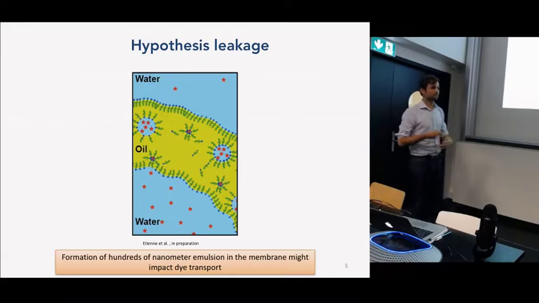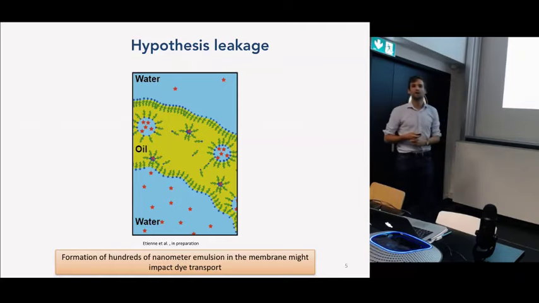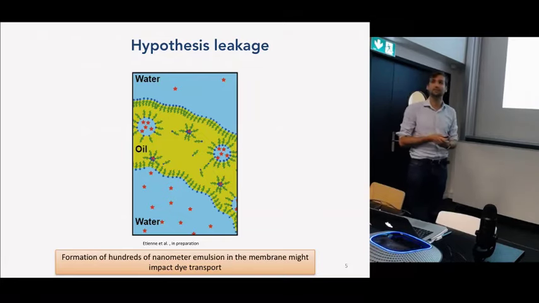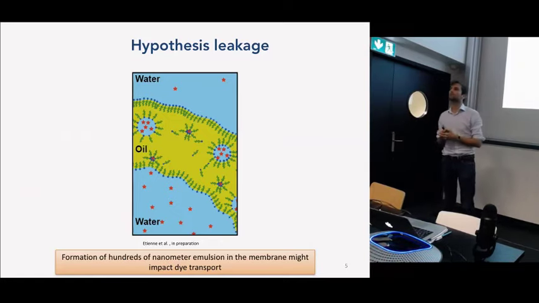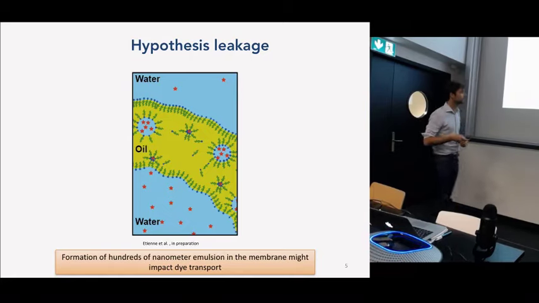And that's interesting because our thin shell double emulsions are in the range of hundreds of nanometers. So we think we might be able to avoid the formation of those tiny emulsions, and that's why we have less leakage. So this is hypothesis again. But I want to get the message across that those thin shells are quite interesting in terms of stability and leakage.